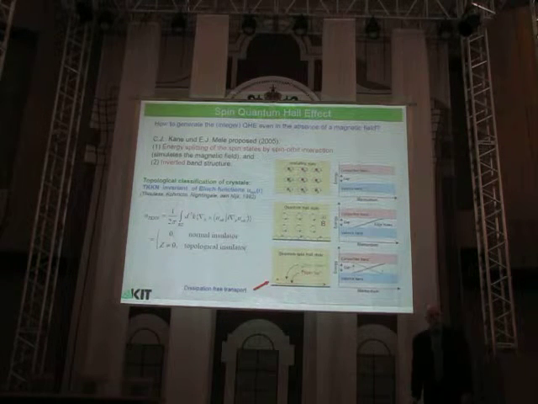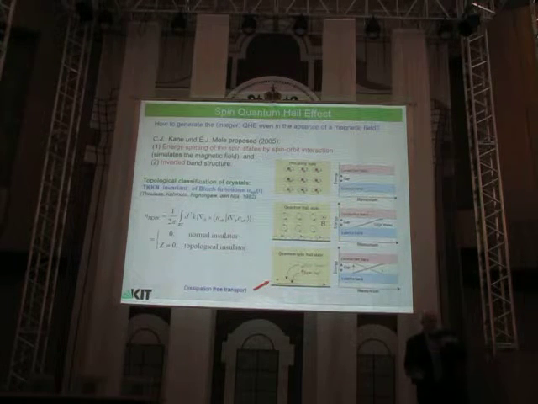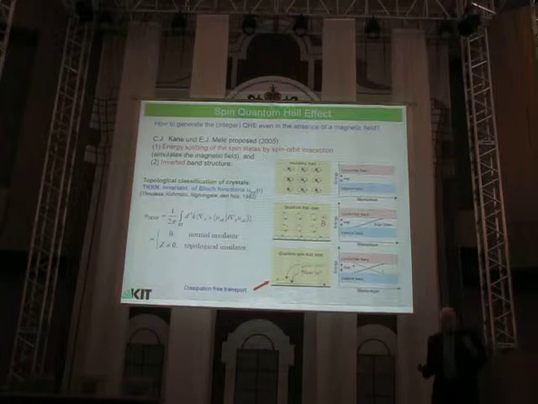This object is usually zero. But under special circumstances, and as I told you, if the conduction band and the valence band are interchanged, it's equal to 1 or minus 1. And this allows you to distinguish different crystals in a very clean way.